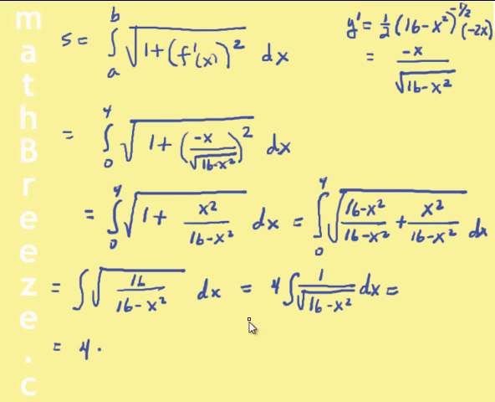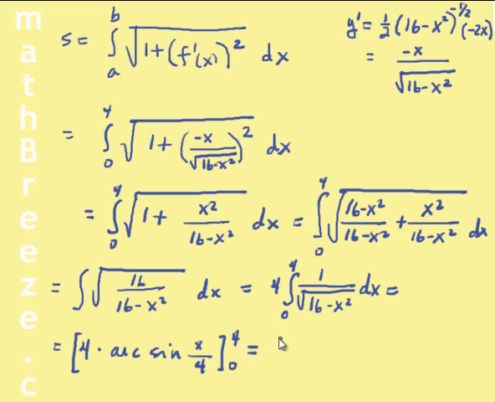All right, so let's just evaluate this integral. Okay, this is from 0 to 4 again. So this is 4, and this is an arc sine. And so here we have arc sine x over a, or x over 4. And we are evaluating from 0 to 4. Okay, so let's do that.